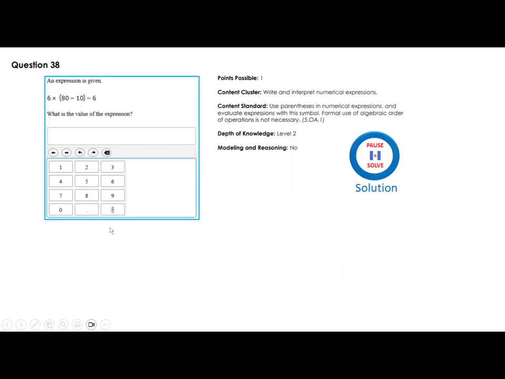An expression is given. What is the value of the expression? Now, when you have an expression like that, the first thing to do is the parentheses, okay? Don't do two steps at the same time. Parentheses, that gives you 70. Rewrite it. That's 60 times 6 times 70 minus 6. Now you have a multiplication and subtraction.